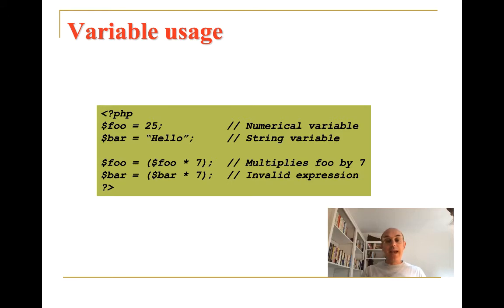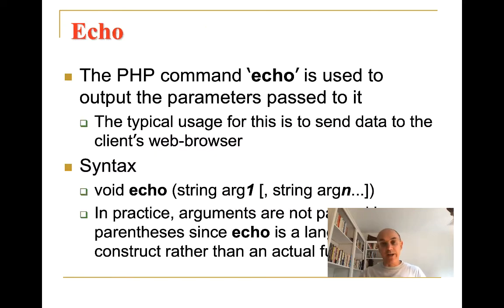So I can add manipulation or multiple calculations to the variables, and in this case $foo = $foo * 7, or even if I do that with a string variable, it will say invalid expression.